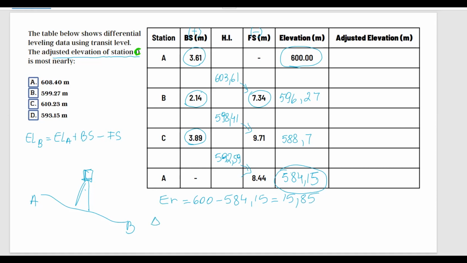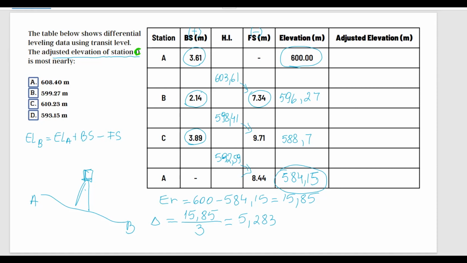Next, I'm going to calculate delta error, which means I'm going to take 15.85 and divide by 3 stations. I have A, B, and C. And this gives me a value of 5.283.